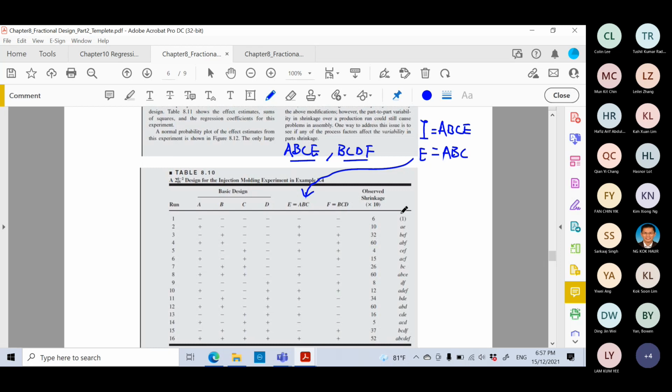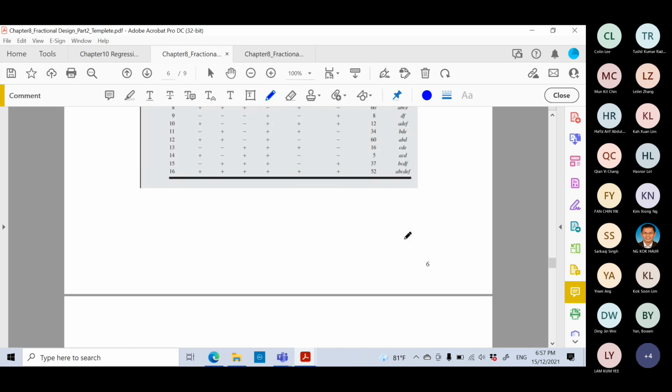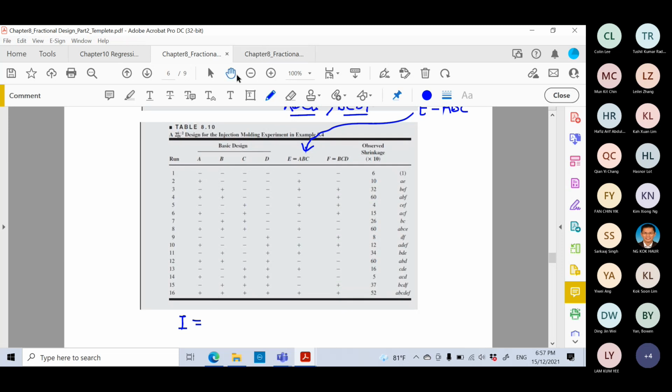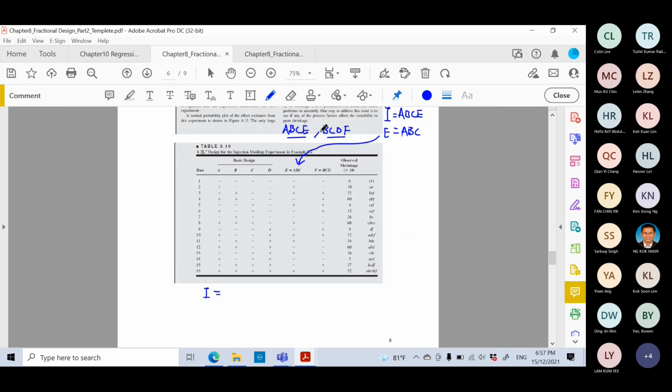Okay, so after we get all these things, of course we can list down all the alias structure first. So I just list down here: I will equal to the first one, here, ABCE will equal to BCDF.